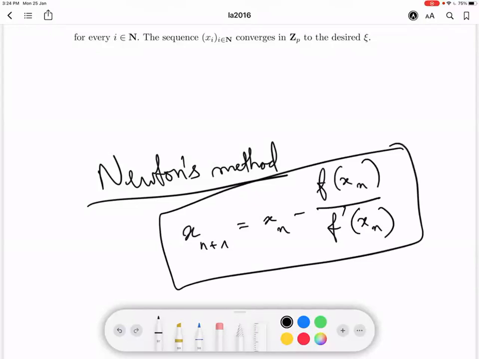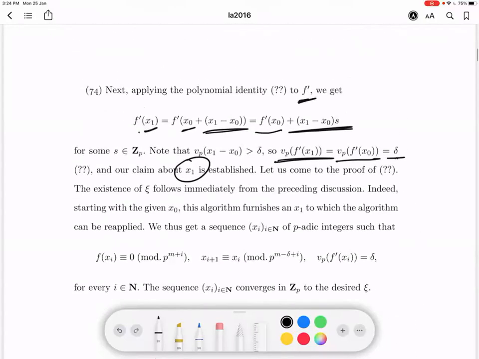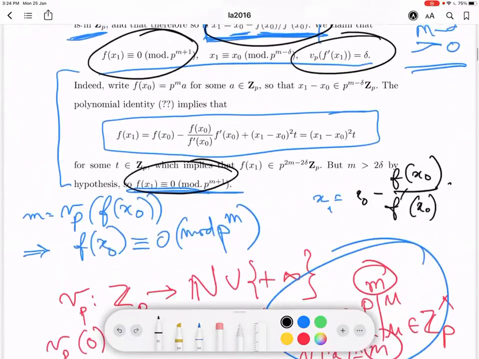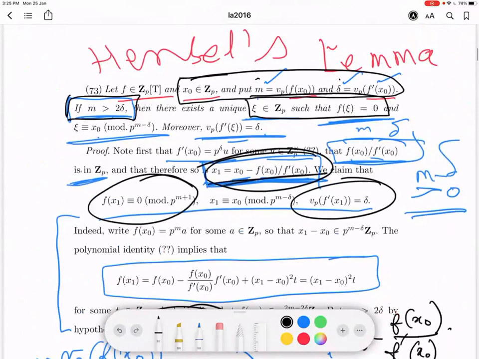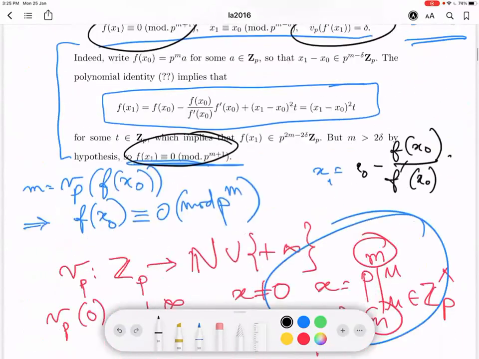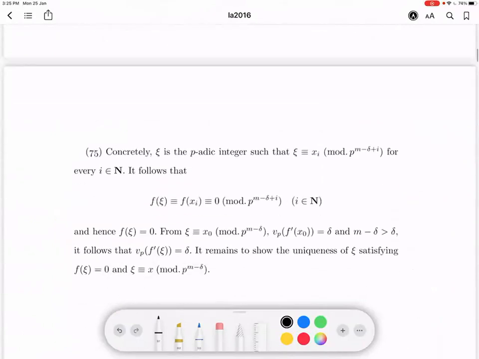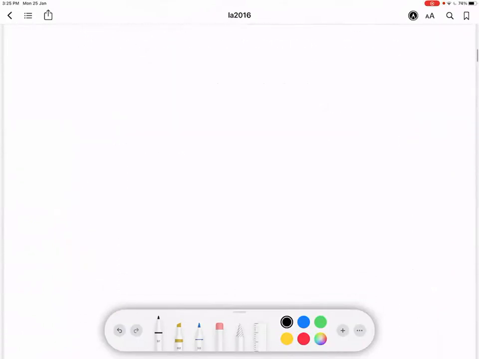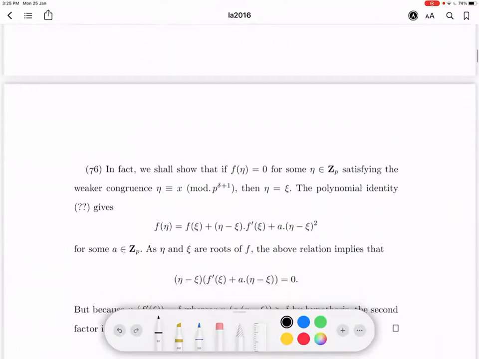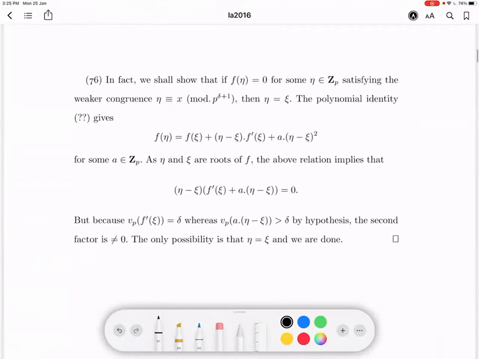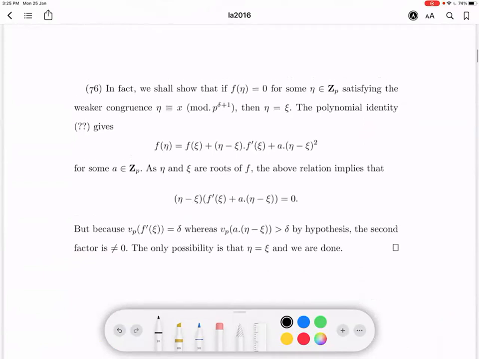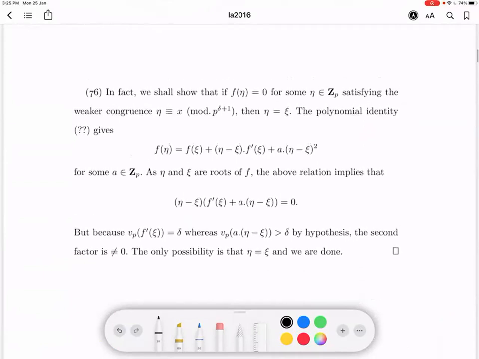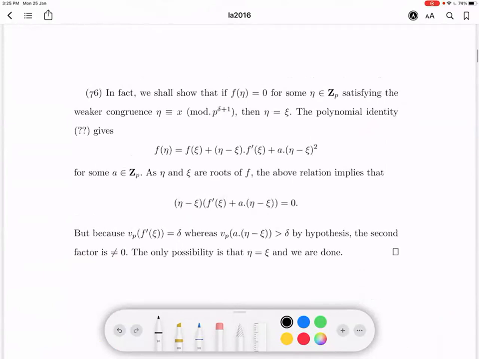This is the iteration that you do in Newton's method as well, and this is exactly the iteration that we are doing here. So this is Hensel's lemma, and then the proof ends here. This is about the uniqueness, perhaps.